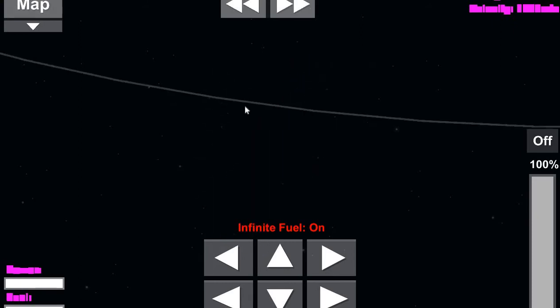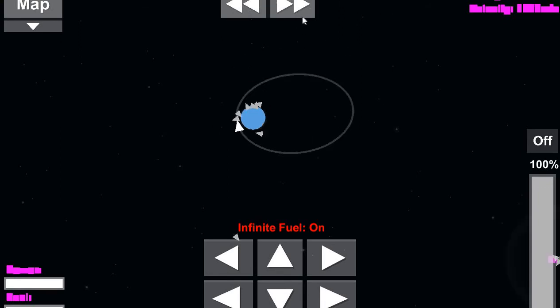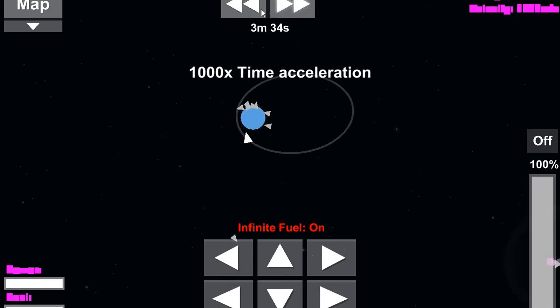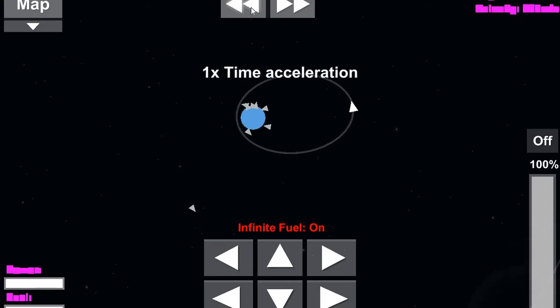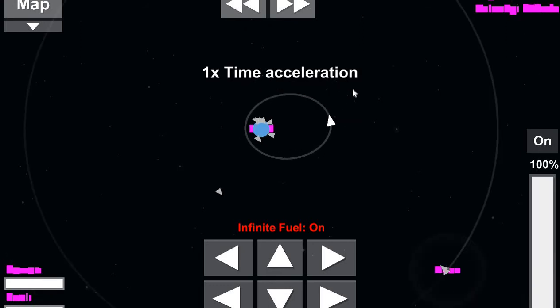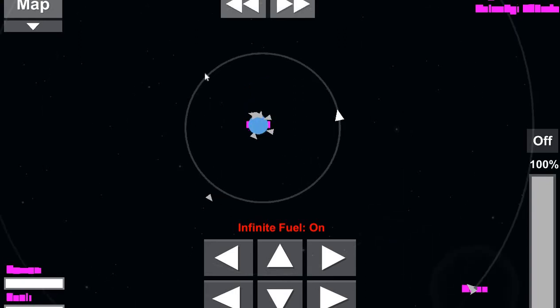Okay, so now I will put it into a higher orbit. For that we will have to time warp till there. And now burn prograde. Now this is a higher orbit.